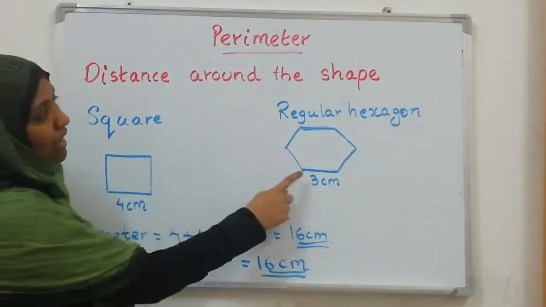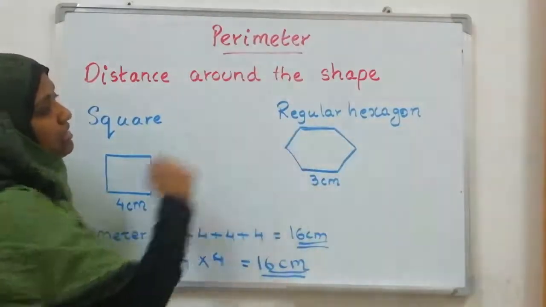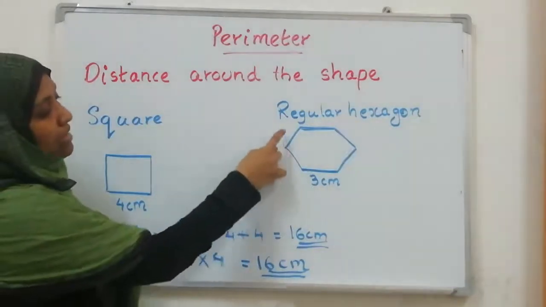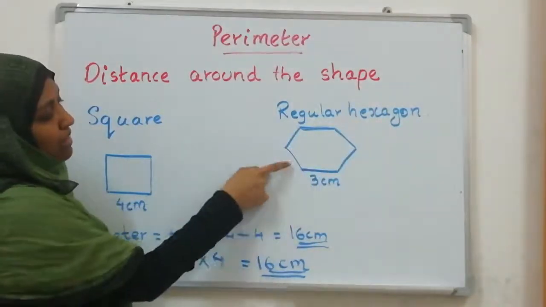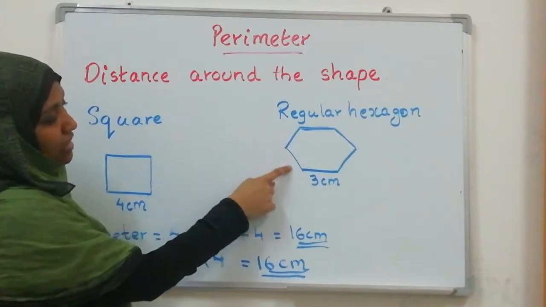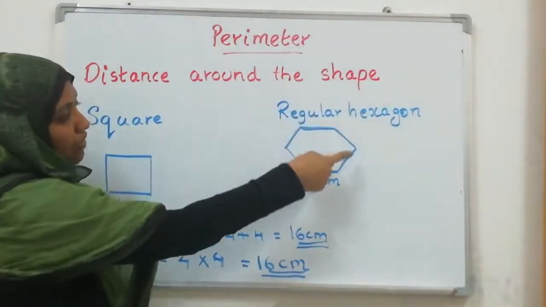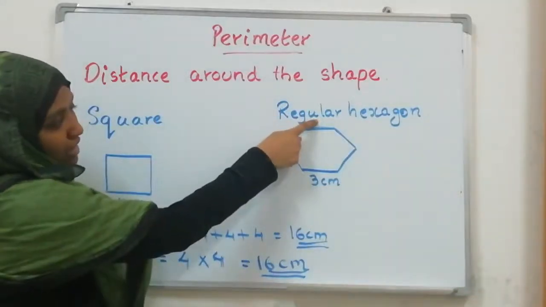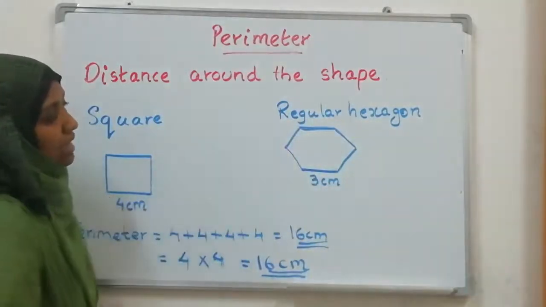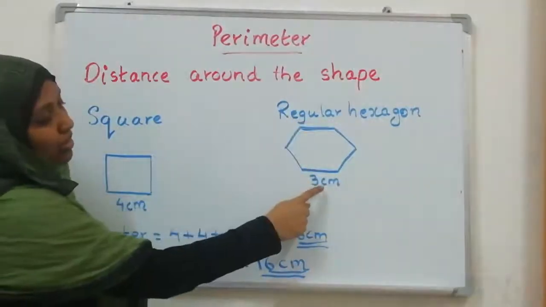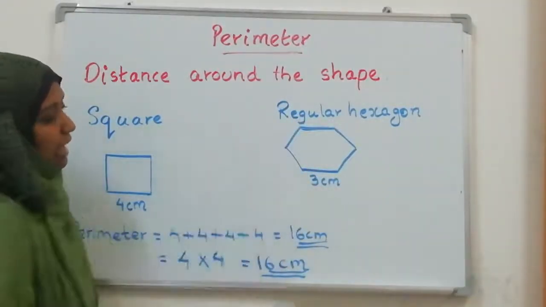So how do I find the perimeter of this regular hexagon? Either you can add all the 6 sides: 3 centimeter, 3 centimeter, again 3, 3 and 3, because it is a regular figure. Regular means equal sides.